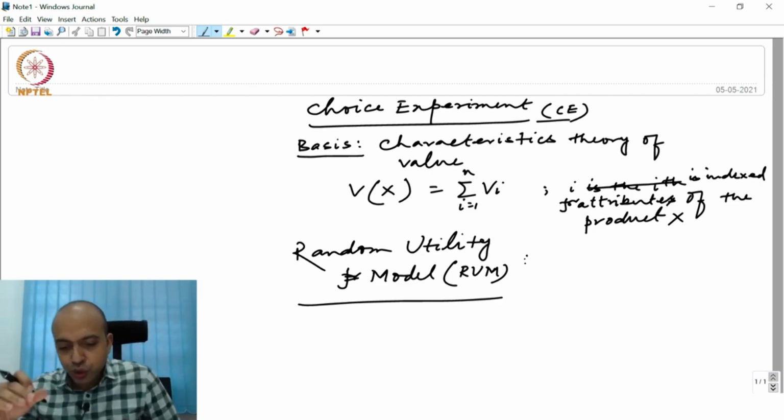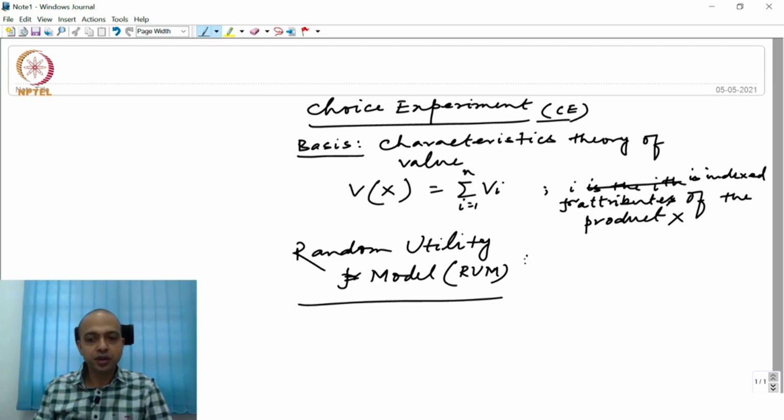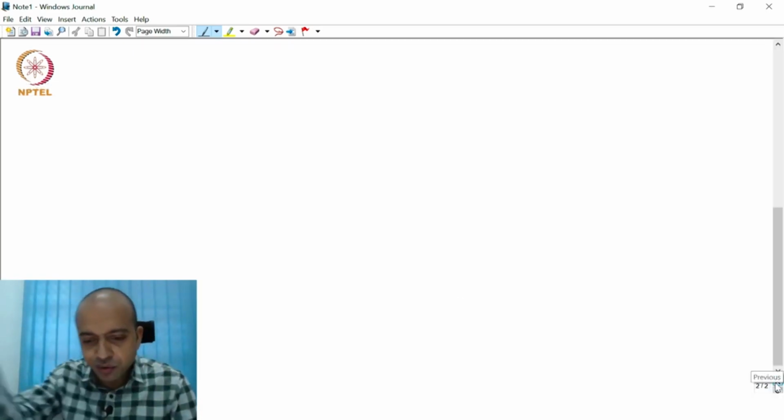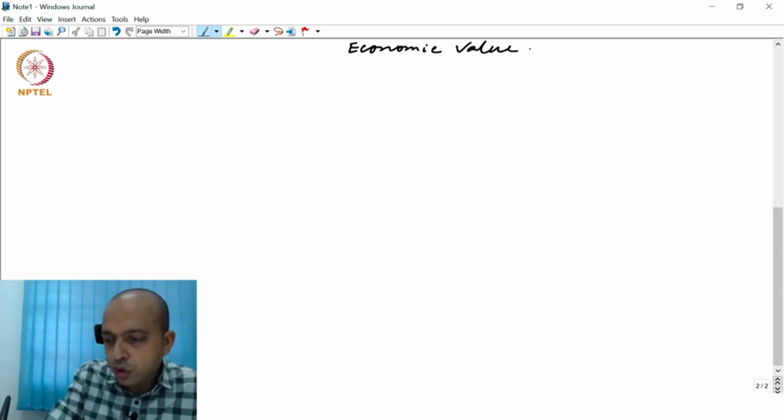Now we will explain this random utility framework and the choice experiment technique based on the random utility model by taking an example of a wetland. Let's say we are trying to estimate the economic value of a wetland.